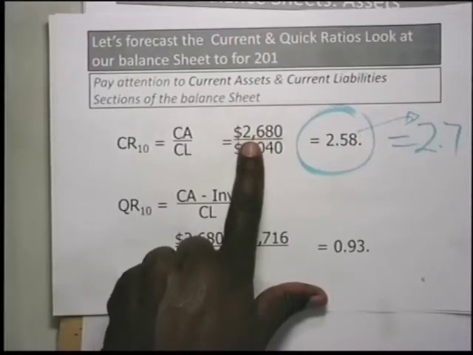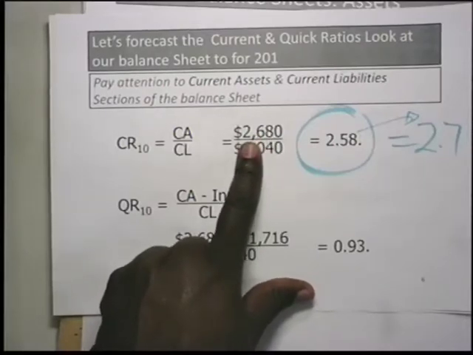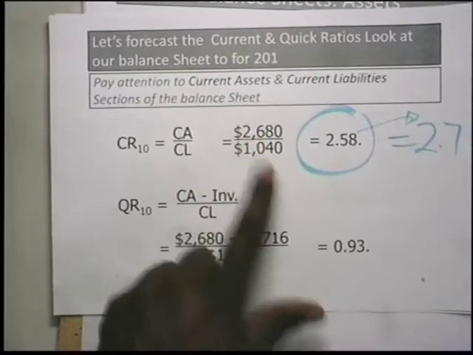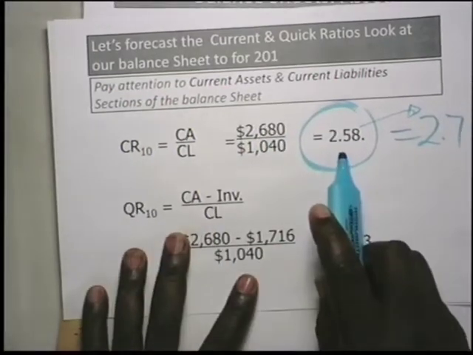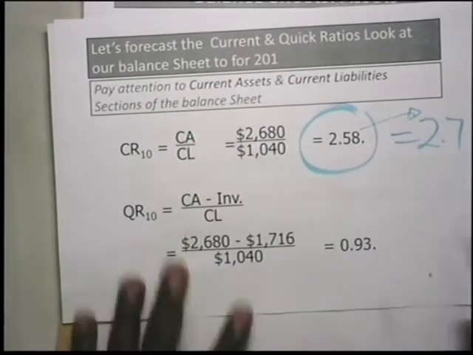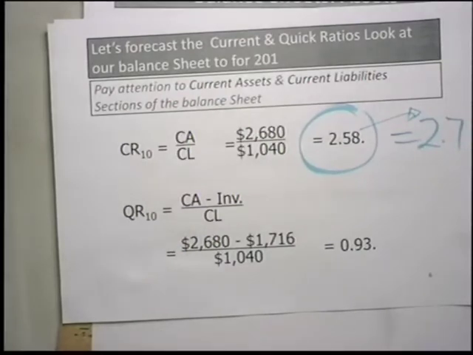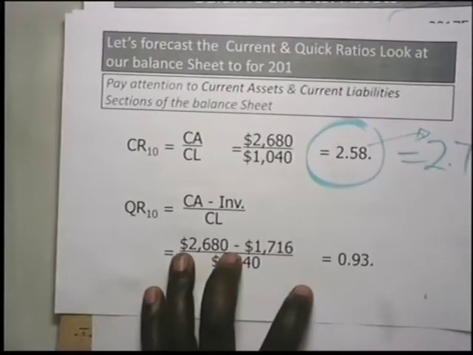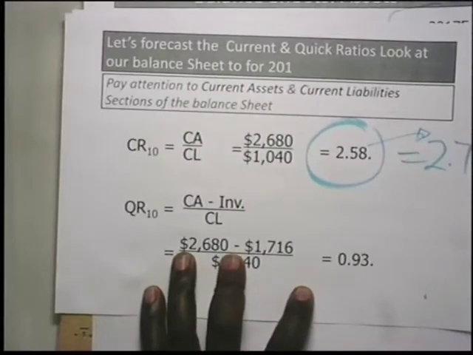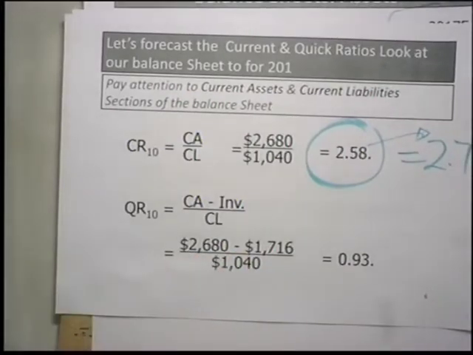And when the numerator goes up, let's say to 3,200 or 3,500, then our ratio will also go up to match. So this ratio is telling us the actions that we must take. By going to our balance sheet, it's telling the management what action must be taken to address the situation so that we operate from a healthy liquidity position.